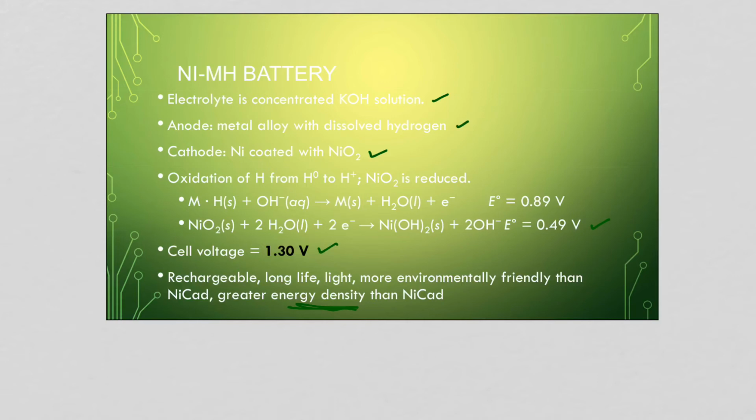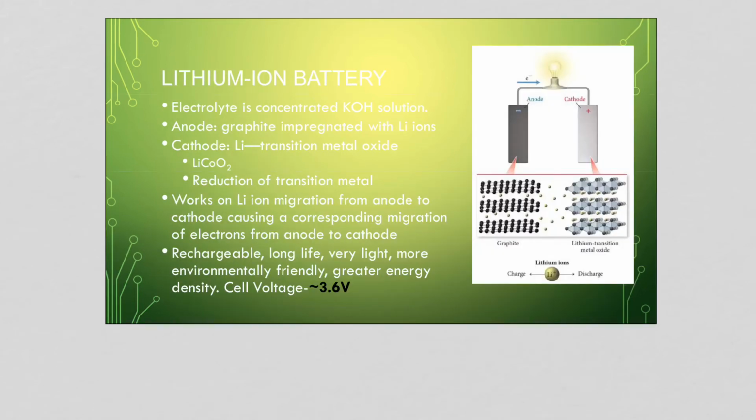Our last example of a true battery is going to be the most recent type of common rechargeable battery that's being used more and more. This is what we call a lithium-ion battery. Now, this has a lot of commonalities with the batteries we've seen, though it functions in a fundamentally different way. The electrolyte, again, KOH, or some sort of basic environment. Your anode is graphite, so you can see the graphite sheets here, impregnated with lithium ions.